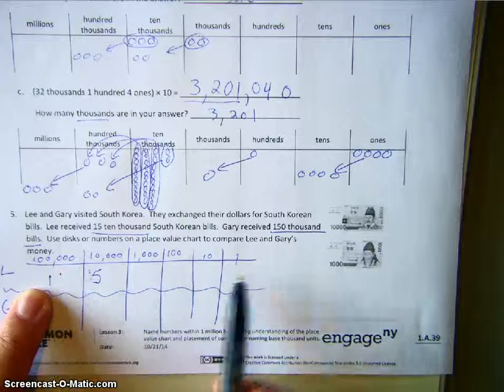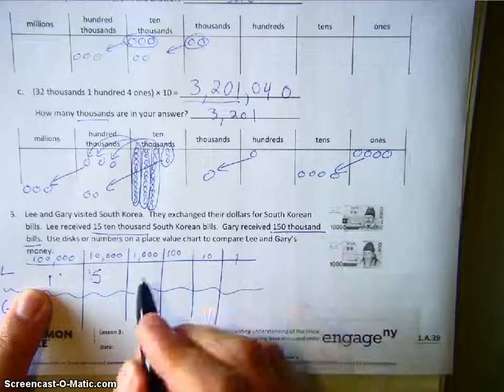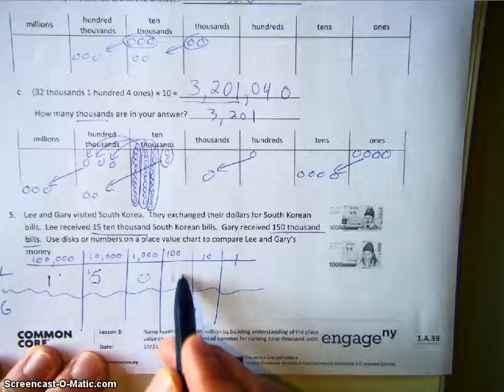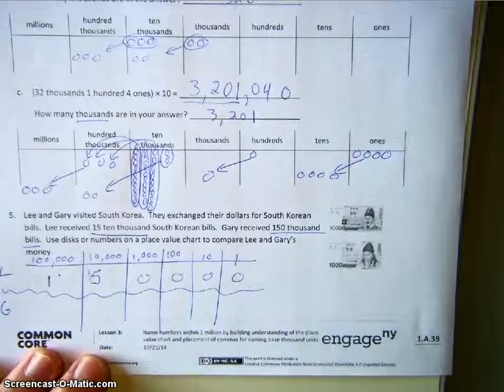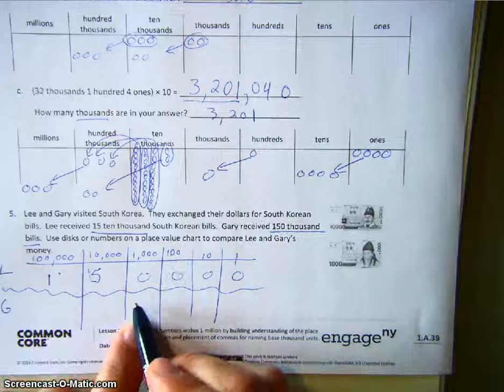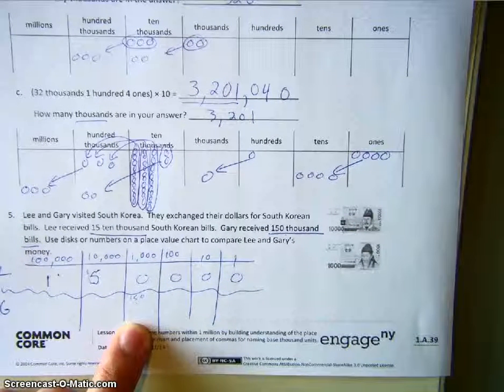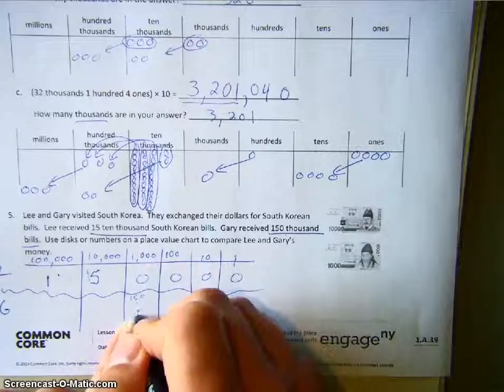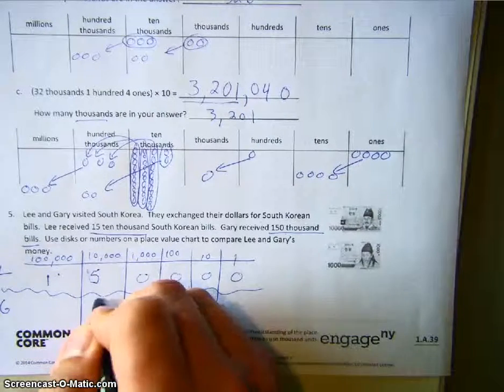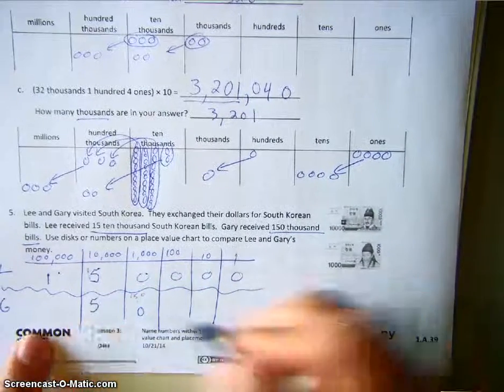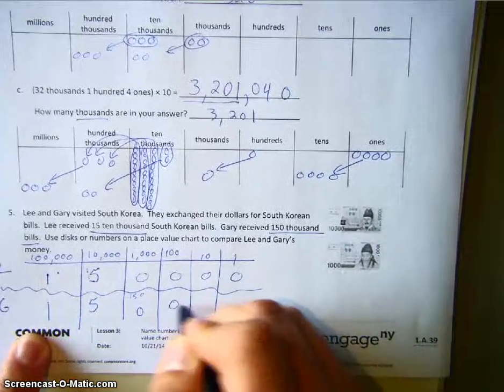Now Gary received 150,000 bills. If we think, in this spot right here would be 150. And when we go to do our bundling, we would have 0 thousands, 5 10,000s, and then 1 100,000.